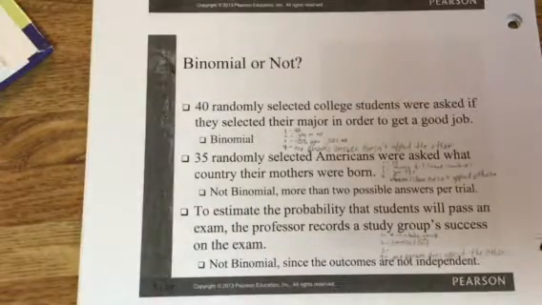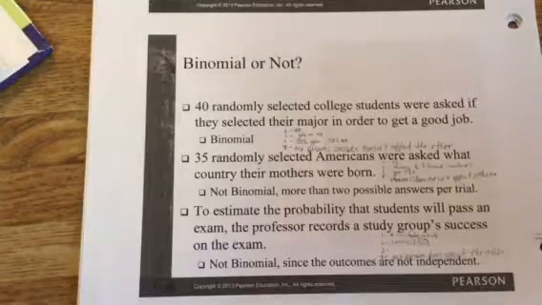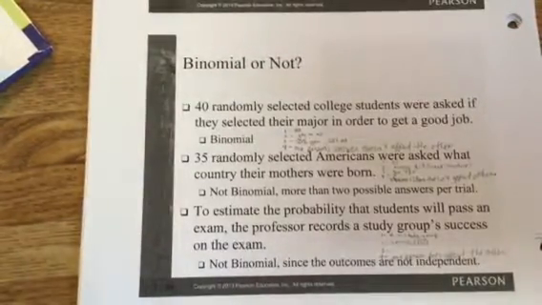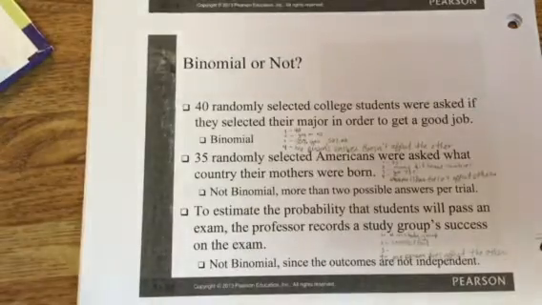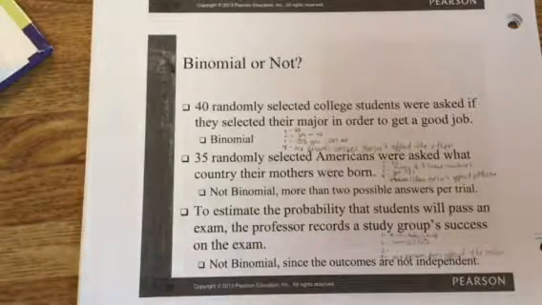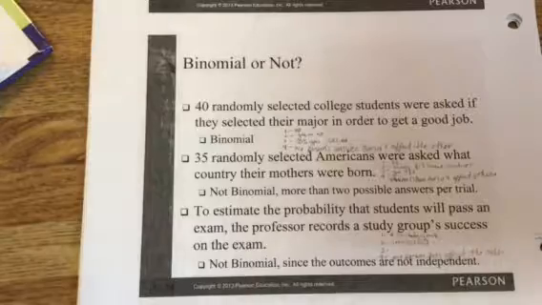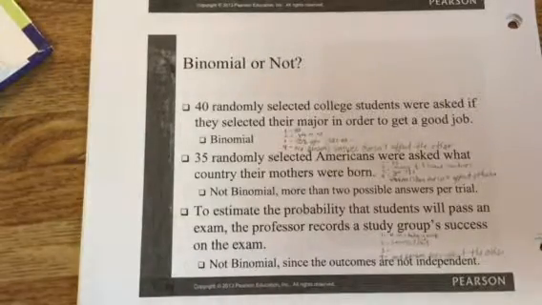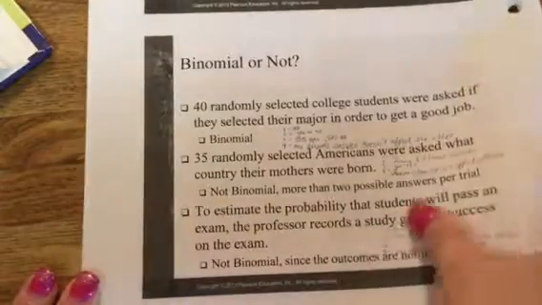The third one, where the probability is the same for each trial, is true because however many countries there are, the mother still is only born in one out of all the countries. The fourth one is also met because where one mother is born does not affect where the other person's mother is born.